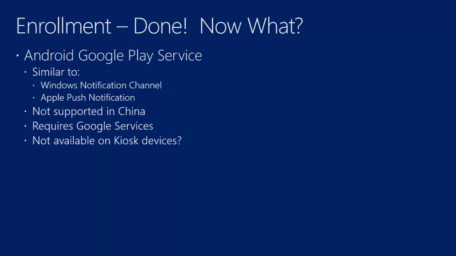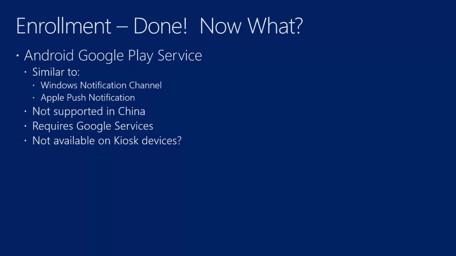In the Windows world, that's called the Windows notification channel. In the Apple world, that's called the Apple push notification channel. And that's the mechanism that enables being able to force a synchronization to a device, for example, or to immediately send out a notification from Intune to the device whenever a configuration changes. Like if I were to trigger a wipe request or a delete request, right? That needs to happen pretty quickly.